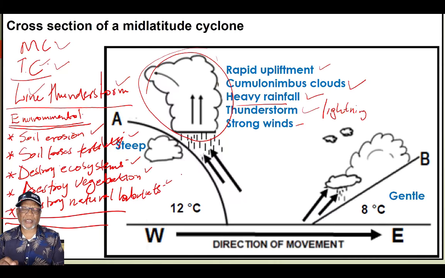The clouds are cumulonimbus clouds. What you must know about cumulonimbus clouds is that they are associated with rapid upliftment. They develop because of rapid upliftment. They are associated with heavy rainfall, and you can also add hail, thunderstorms and lightning, and strong winds.